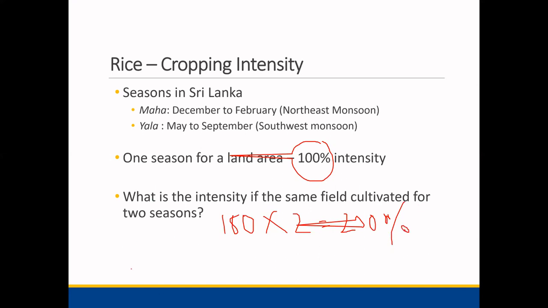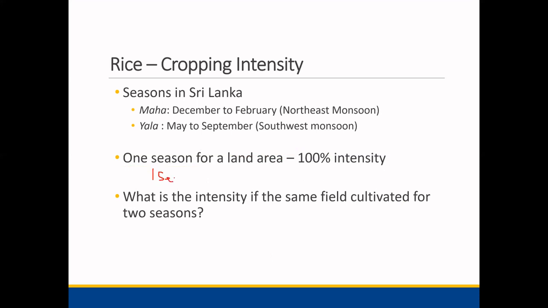Is it clear to you? Students? Sir, can you tell it again, sir? Yeah, so we say that one season, you take a crop, let me delete this one. You cultivate 1 hectare of land for one season, so we say that this is 100% intensity.